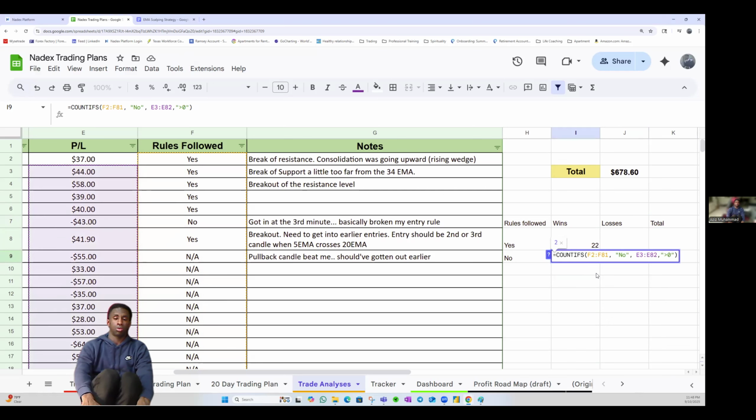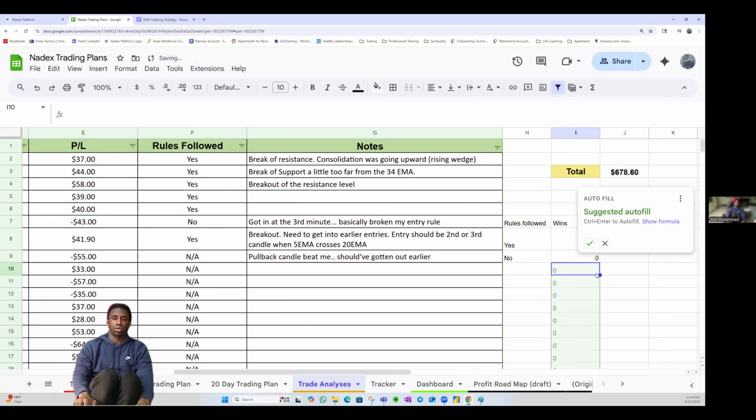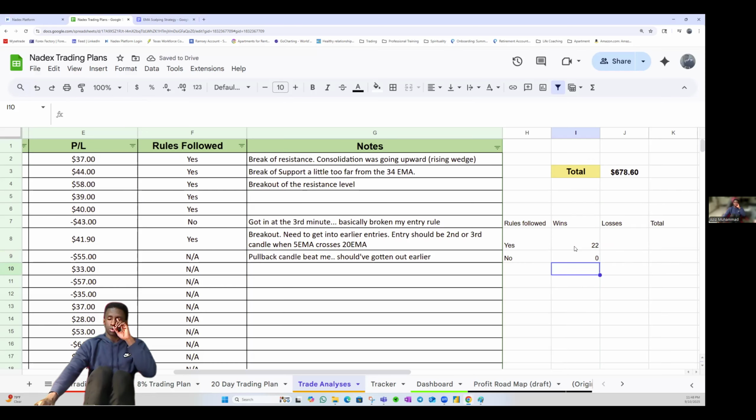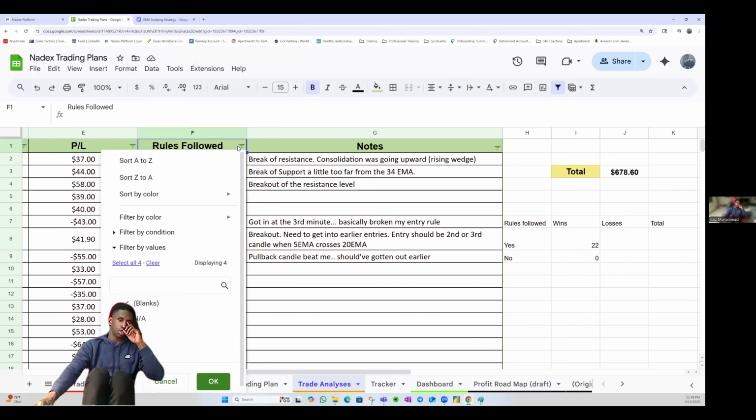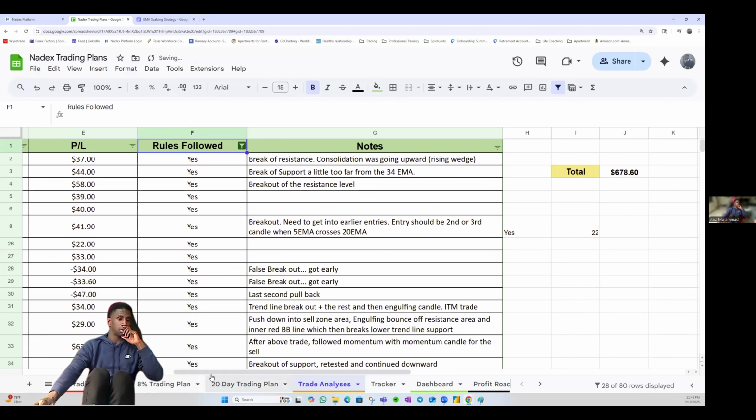No. E2. It says 0 for the amount of wins, so I wanna clear that. All right, that's correct.